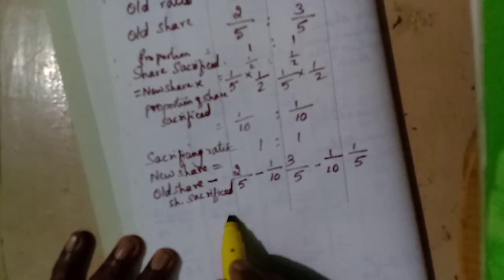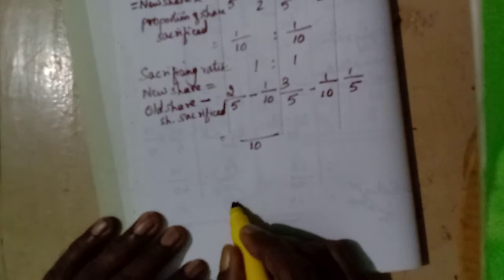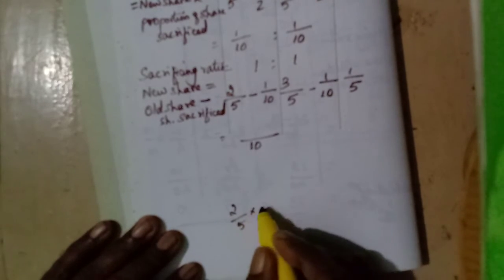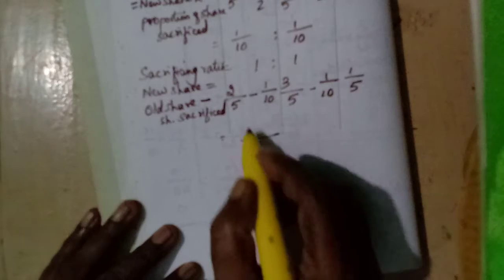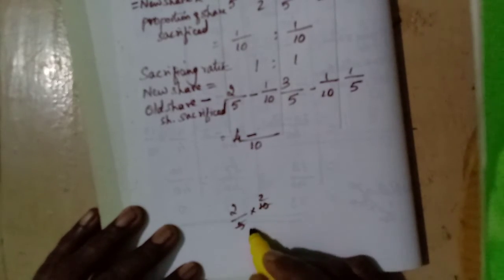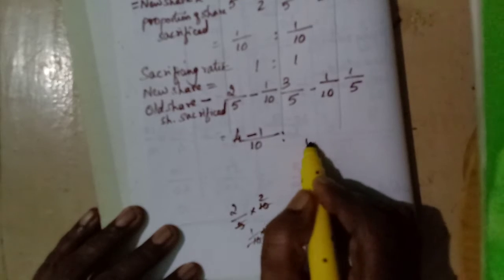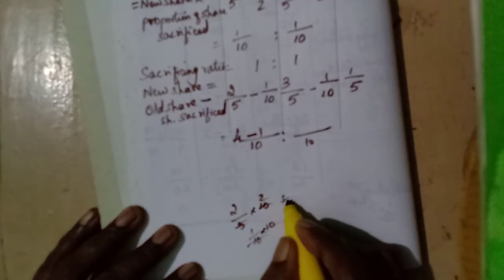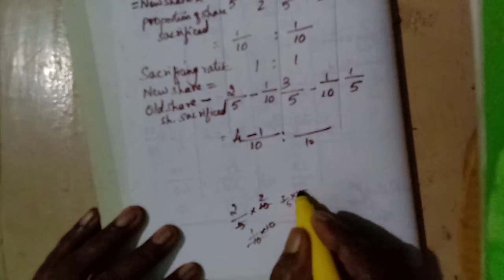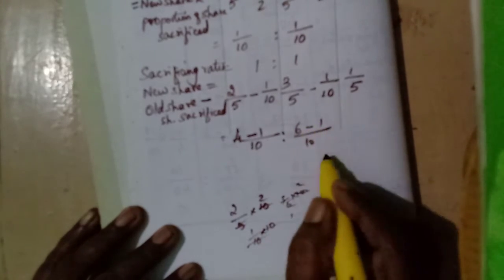Then next line. Here LCM is 10. 2 by 5 into 10, so 2 into 2, 4, minus 1 by 10 into 10, 1. Then 3 by 5 into 10, 2, 1, 6 minus 1.